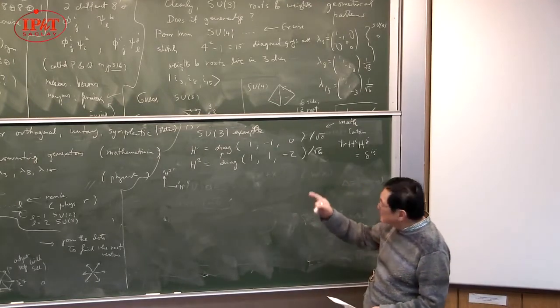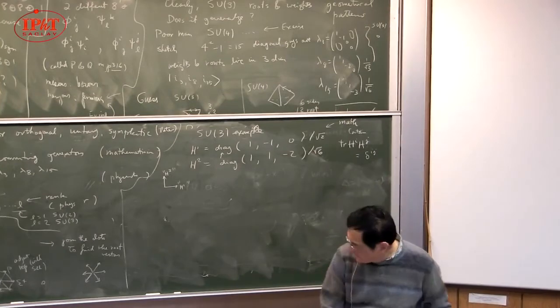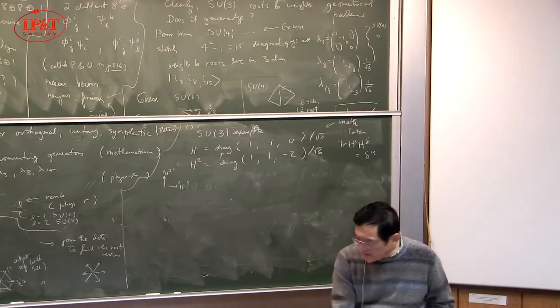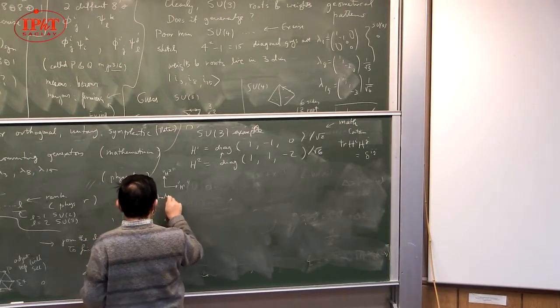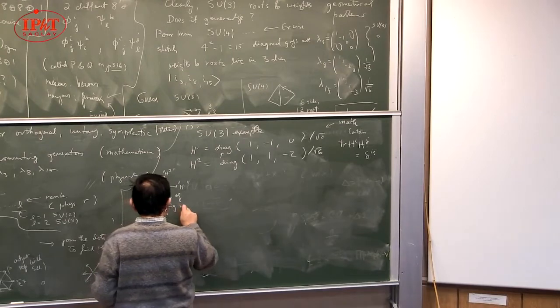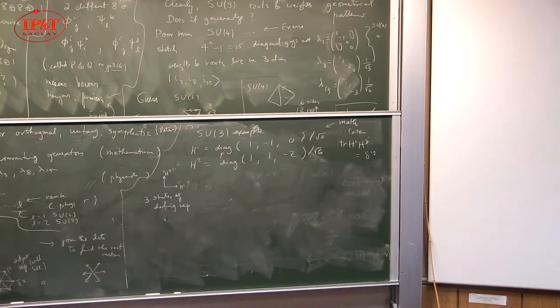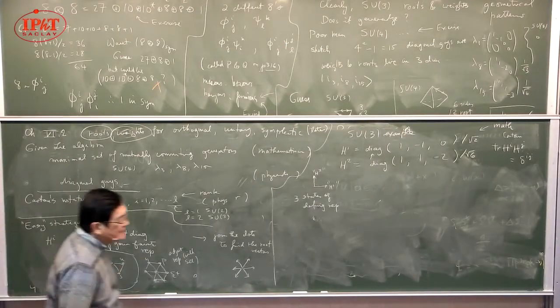It just means you classify them according to the eigenvalues. So the three states of the defining representation. I'll use this, as I said. This is the second step. We have to find the coordinates of these three things.